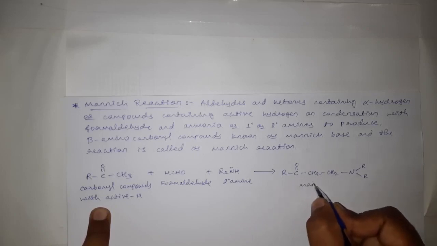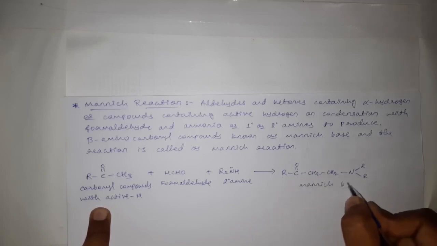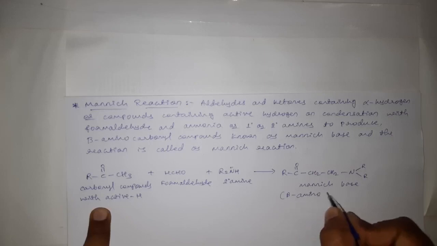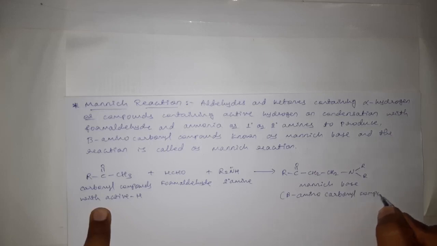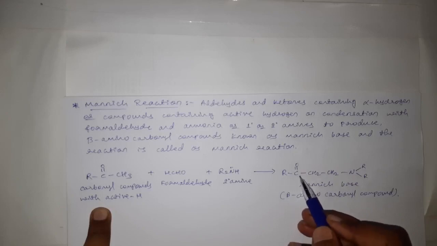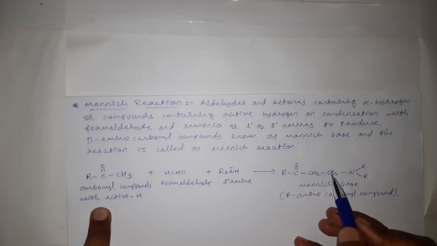This is called Mannich base, or we can write this one as beta amino carbonyl compound. See here, this is the carbonyl group, this is alpha, beta.